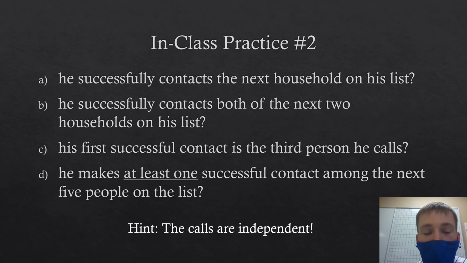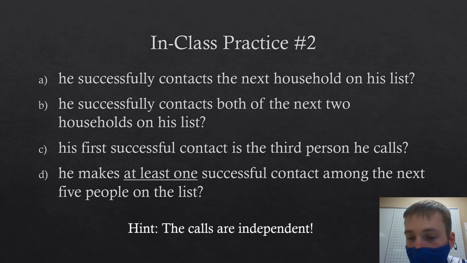Letter B, what's the probability he successfully contacts both of the next two households on his list? Letter C here, what is the probability his first successful contact is the third person he calls? And then finally, letter D, what's the probability he makes at least one successful contact among the next 5 people on the list?